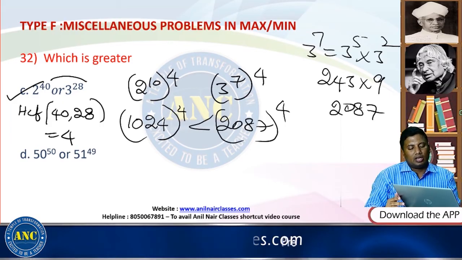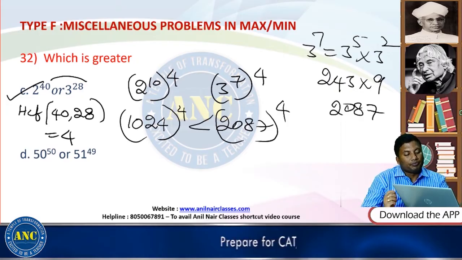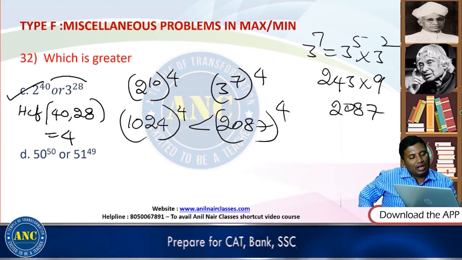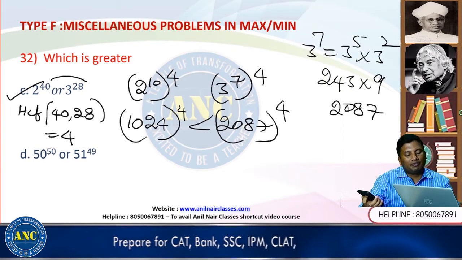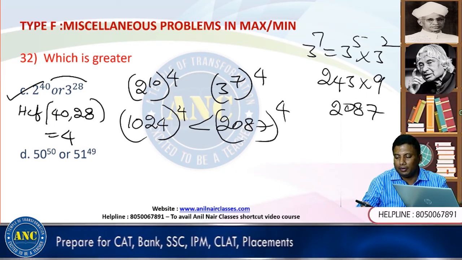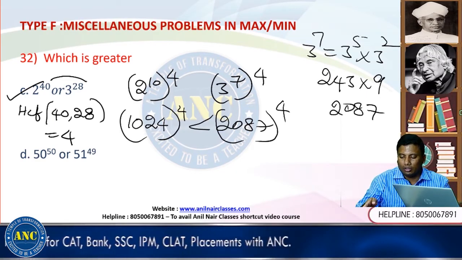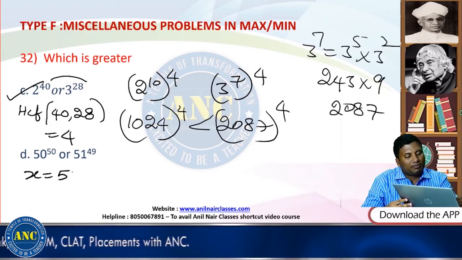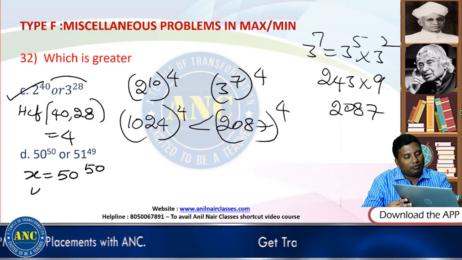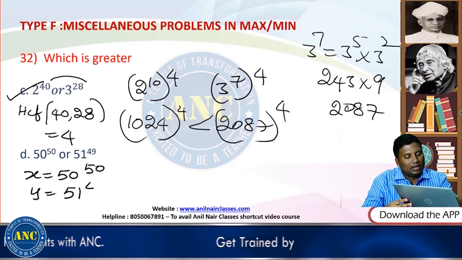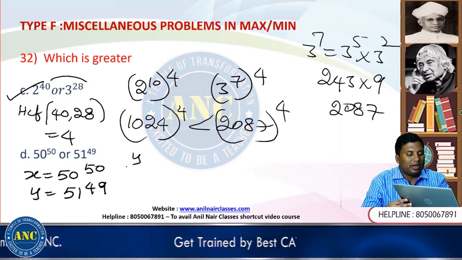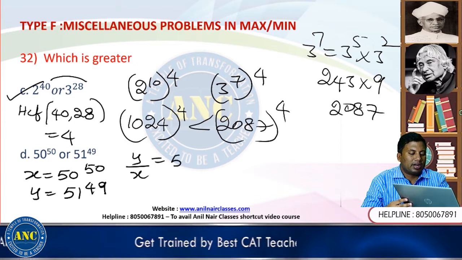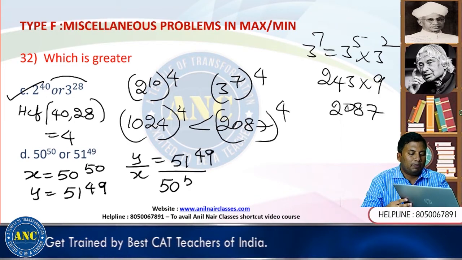Question number C. Question number D. 50 power 50 or 51 power 49. So if x is 50 power 50 and y is 51 power 49, if I make y by x, this is nothing but 51 power 49 divided by 50 power 50.